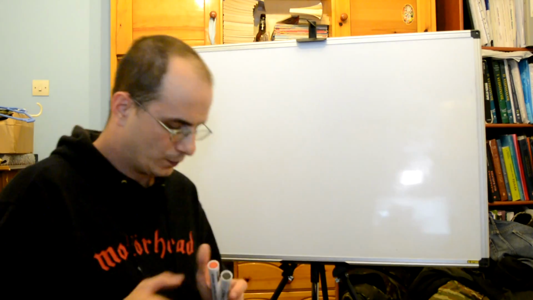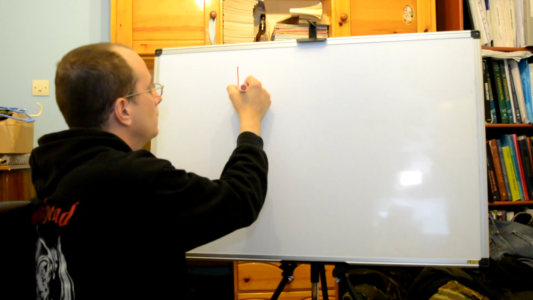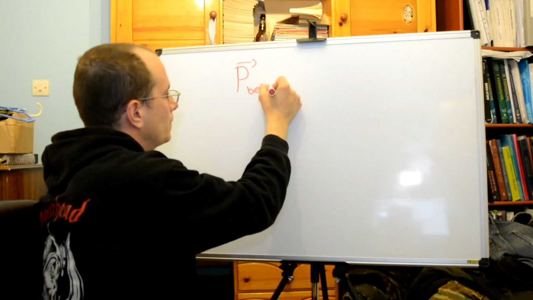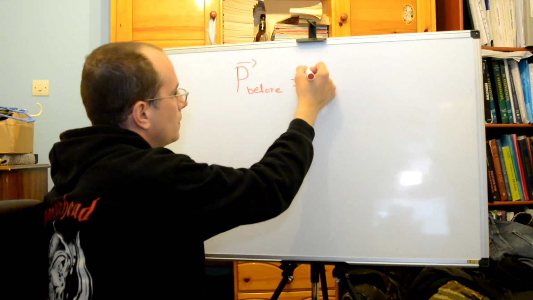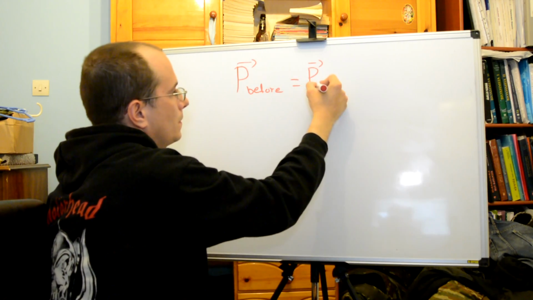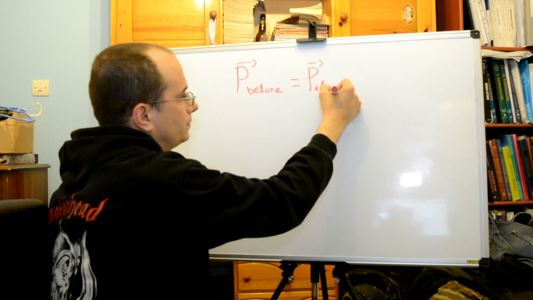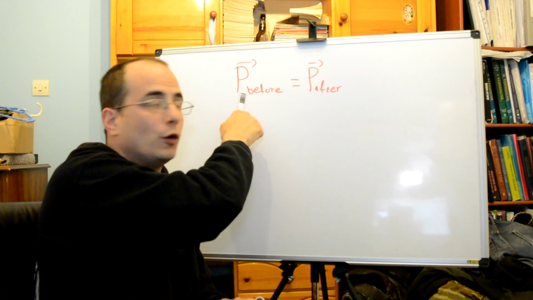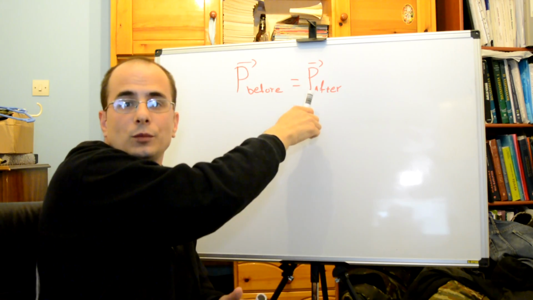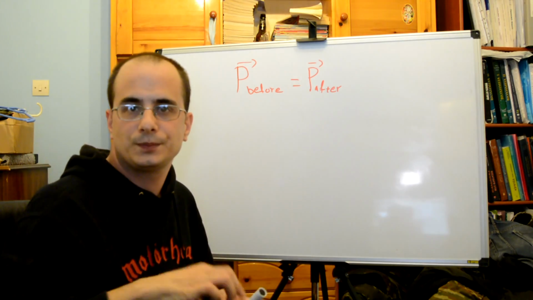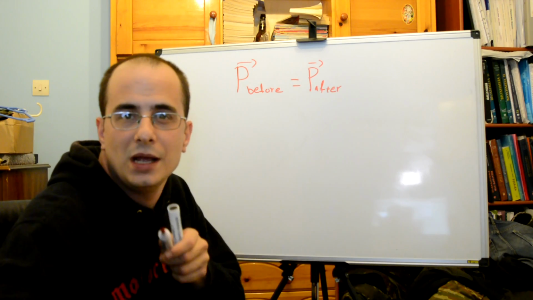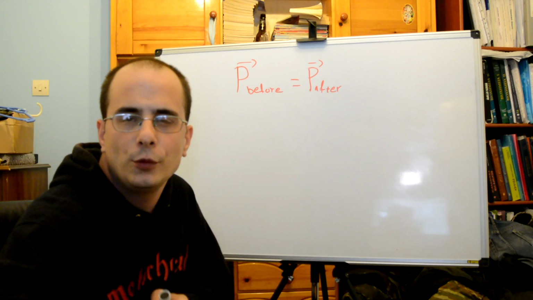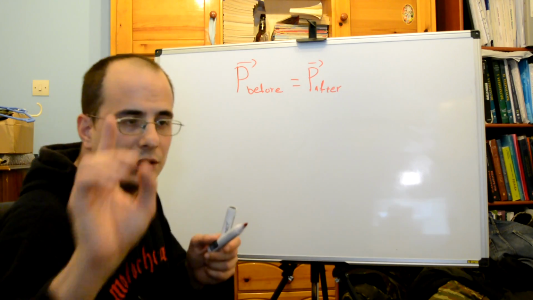So, the momentum before equals the momentum after the separation of the carriages. At first, the two bodies were moving together with the initial velocity.